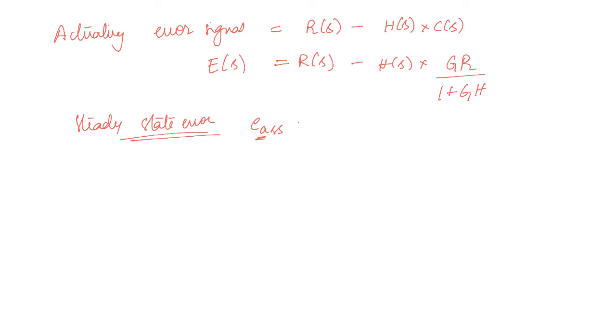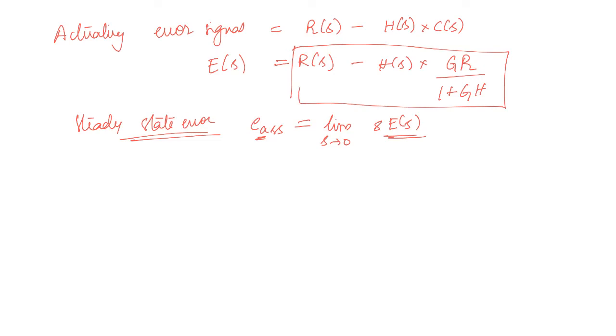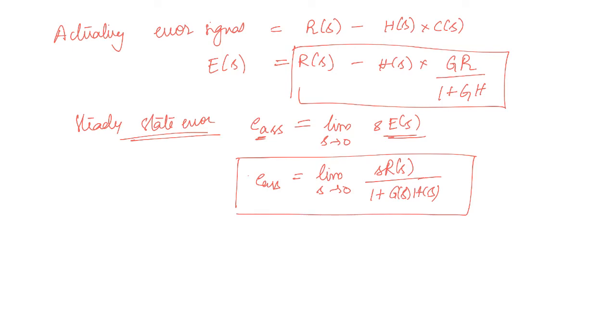So the actuating steady state error is equal to limit s tends to 0 of s into E of S. Instead of E of S, if you substitute this expression, then you will get the final expression as limit s tends to 0 of s R of S divided by 1 plus G of S into H of S. This is for non-unity feedback systems.